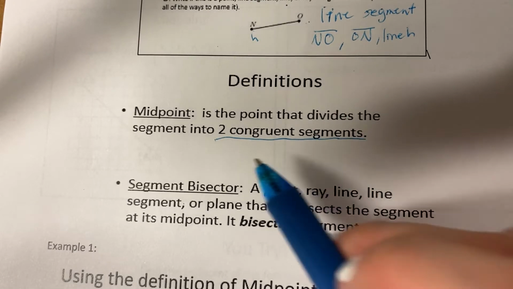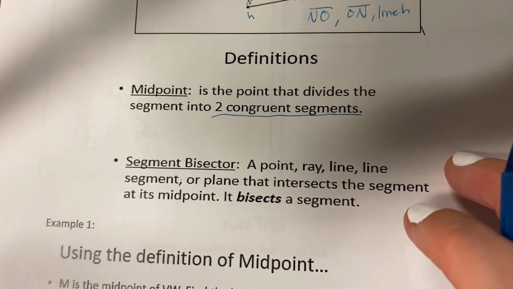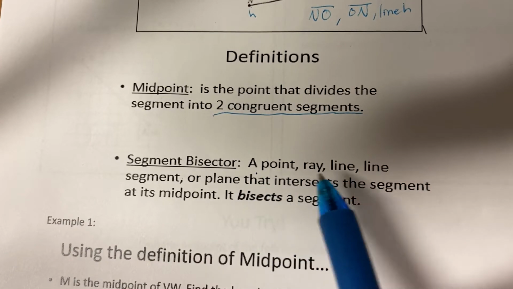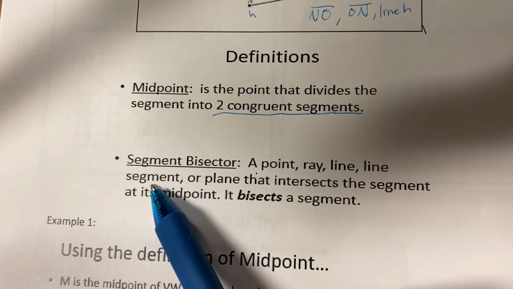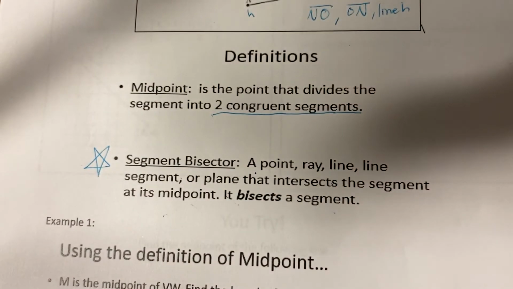Then a segment bisector is a point, ray, line segment, or a plane that intersects at a midpoint. It bisects the segment. So go ahead and write this definition. It will be important on your test. So if you want to make note of that, you can.